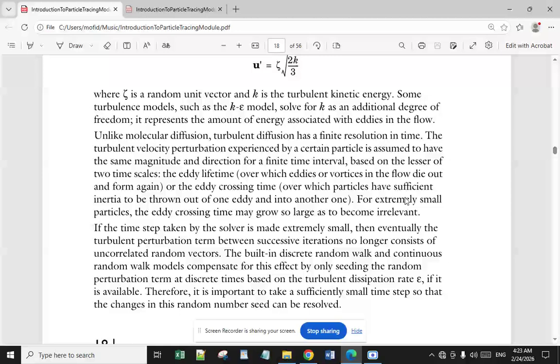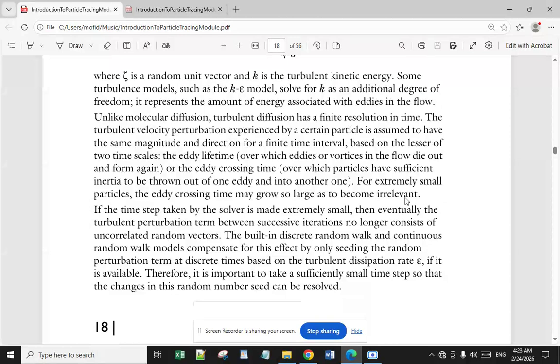Unlike molecular diffusion, turbulent diffusion has a finite resolution in time. The turbulent velocity perturbation experienced by a certain particle is assumed to have the same magnitude and direction for a finite time interval.